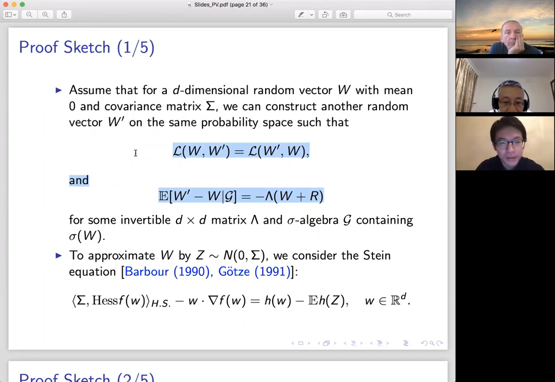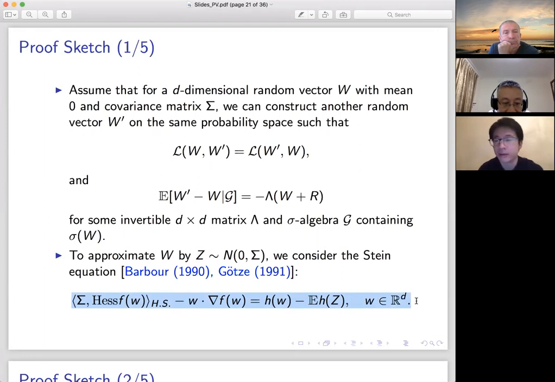So our aim is to approximate W by a multivariate Gaussian vector Z with the same covariance matrix sigma. The starting point to do this approximation is to consider the so-called Stein equation for the multivariate normal distribution. Here it's a functional equation, and given the test function h, we are supposed to solve for f from this equation so that the equation holds for every w in R^D.